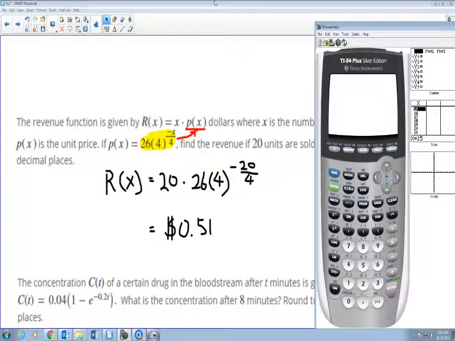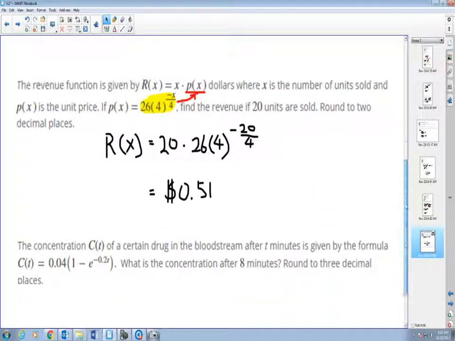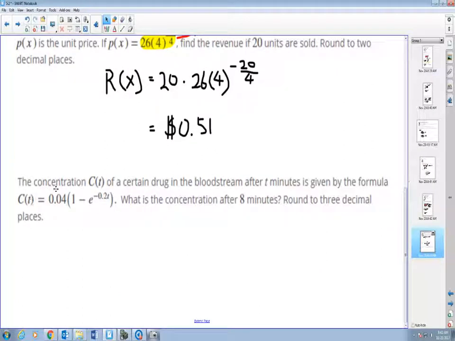All right. Let's try another type of problem here. The concentration of a certain drug. So C sub T, representing the concentration of a certain drug in the bloodstream after T minutes, is given by the formula like this. I'm using a base e here. What is the concentration after 8 minutes?